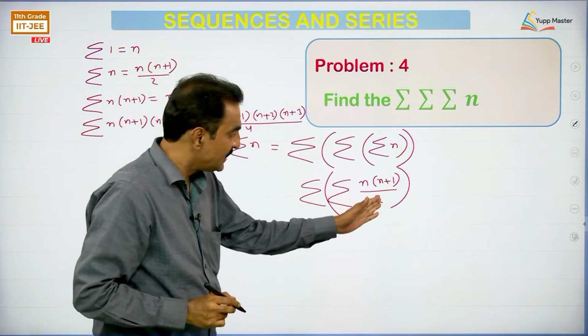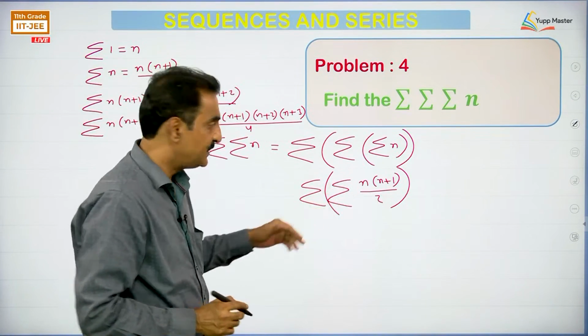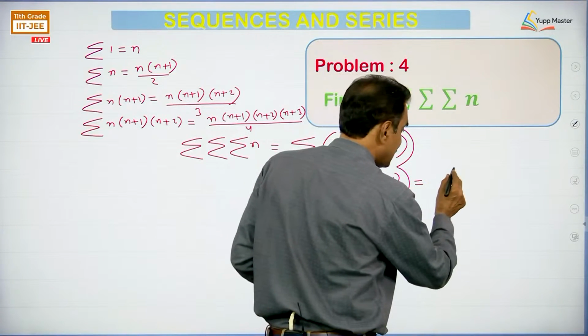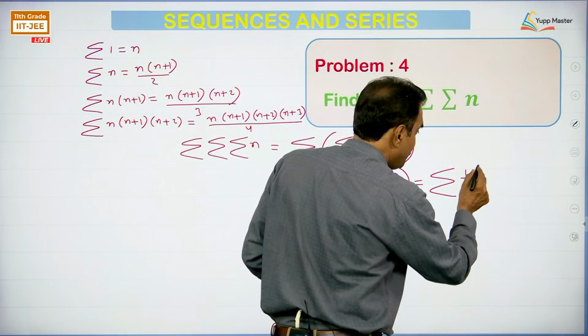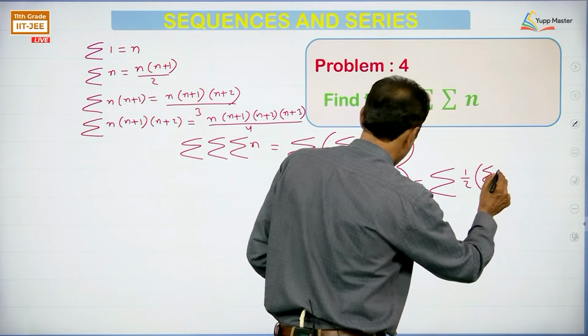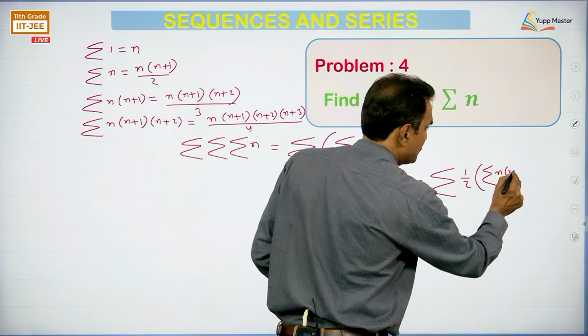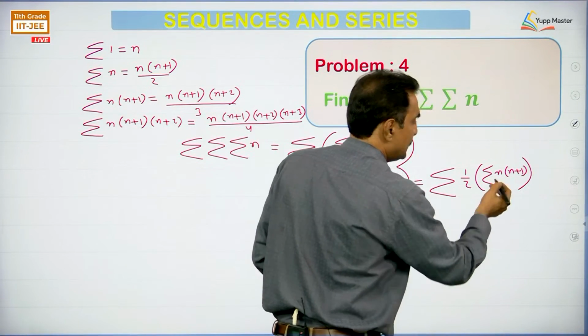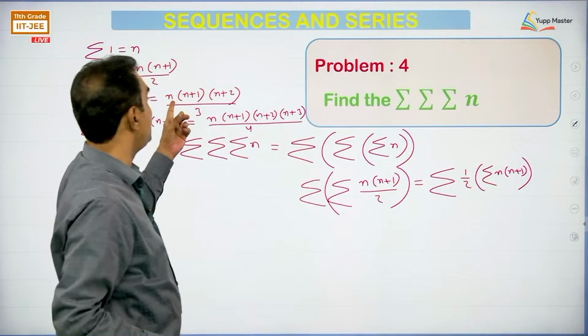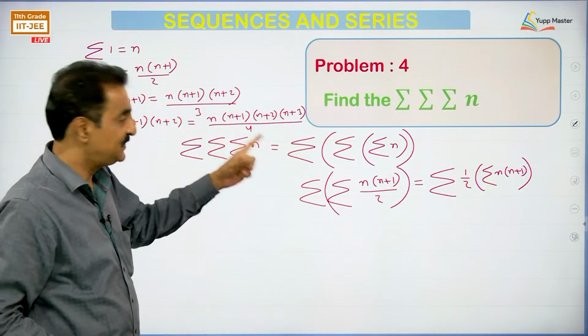So, here we can write this 1 by 2 outside, it will be sigma of half of sigma of n into n plus 1. Sigma n into n plus 1 is n into n plus 1 into n plus 2 by 3.